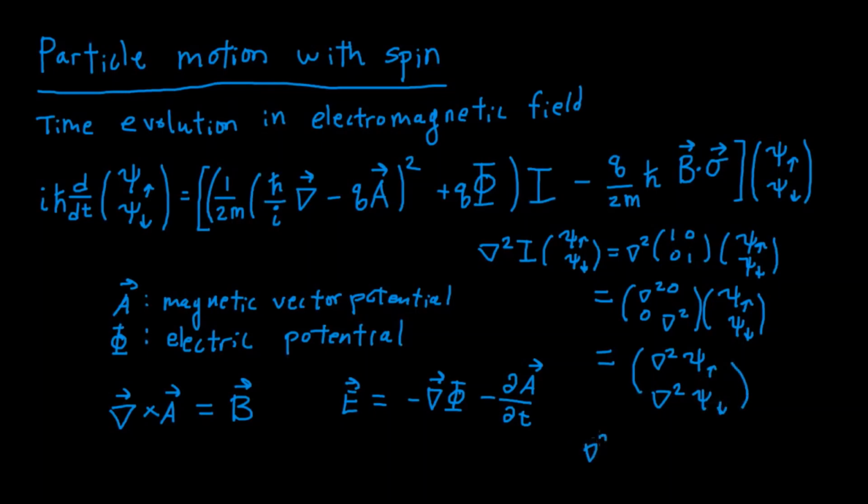Remember that del squared is equal to the second partial derivative with respect to x plus the second partial derivative with respect to y plus the second partial derivative with respect to z, right? So that's how this thing acts.